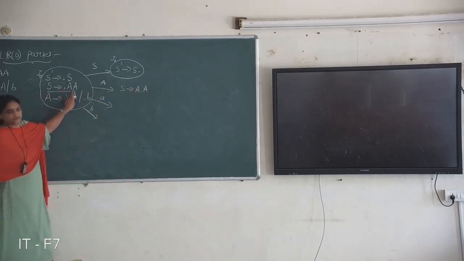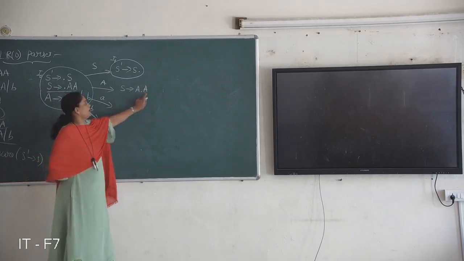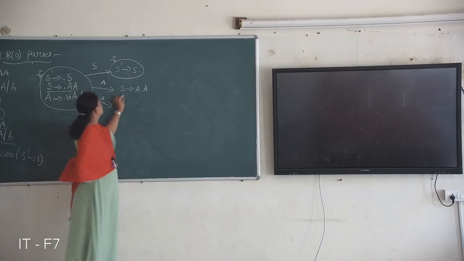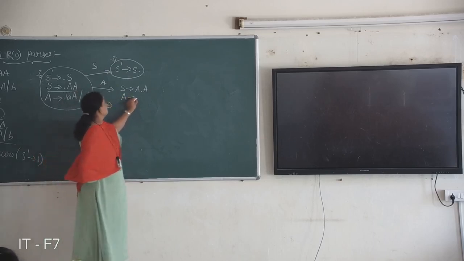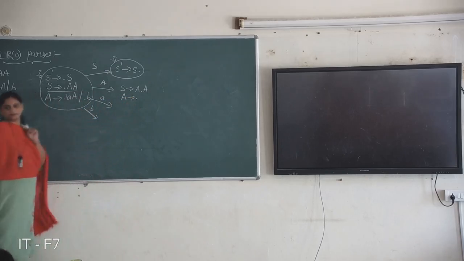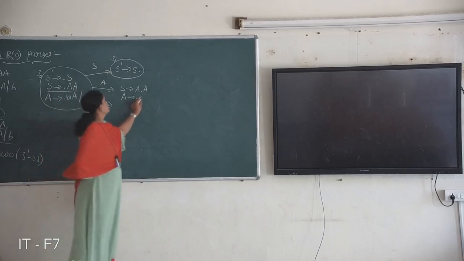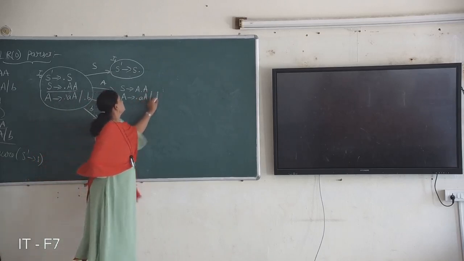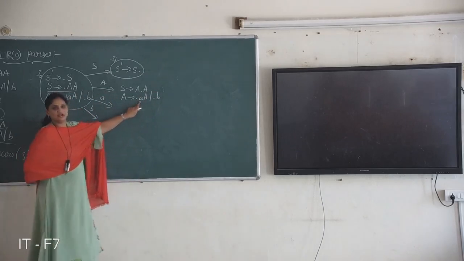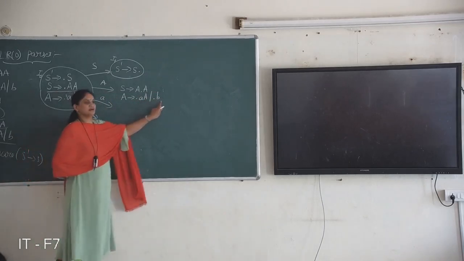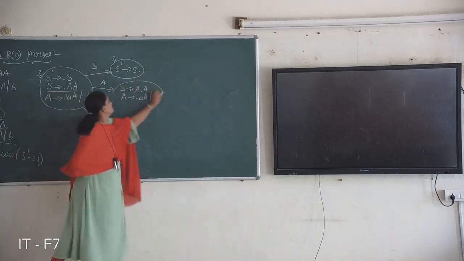After the dot, again we get a non-terminal, so add all that non-terminal's productions, with the dot at the beginning: A derives .aA and A derives .b. After that, again check whether there are any non-terminals. Here after that only terminals are there, so no need to include anything. So this is the next step.